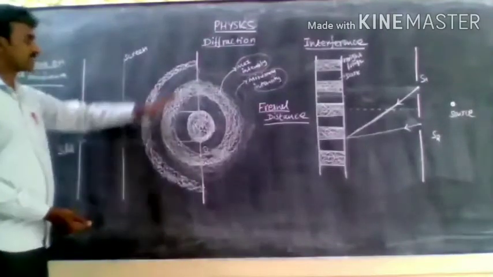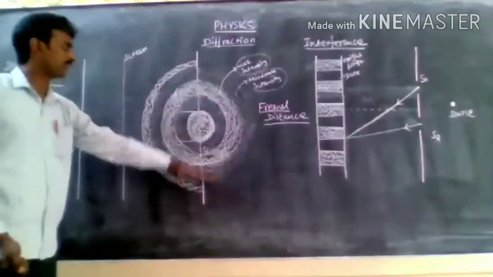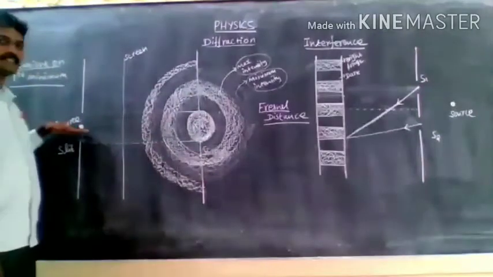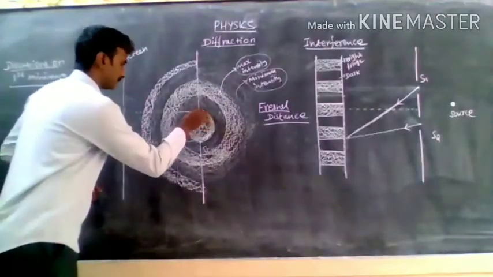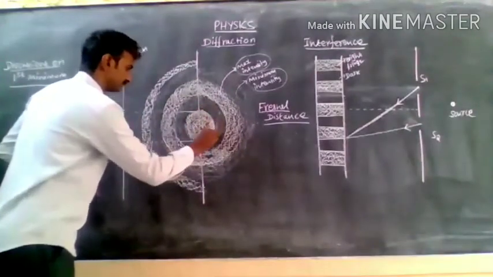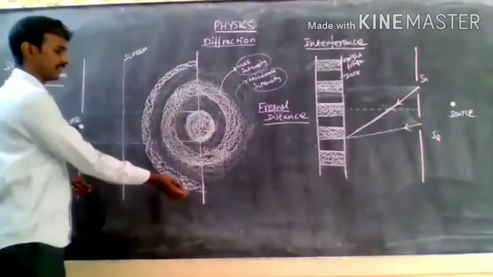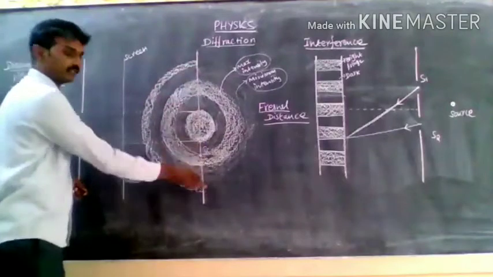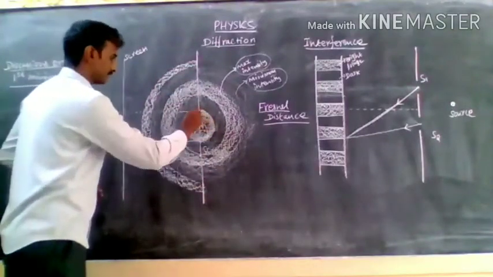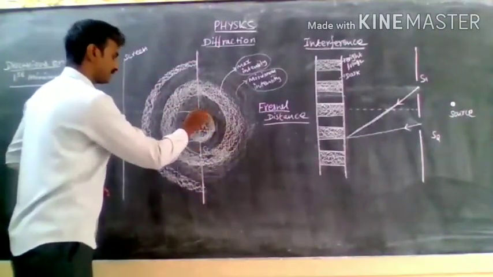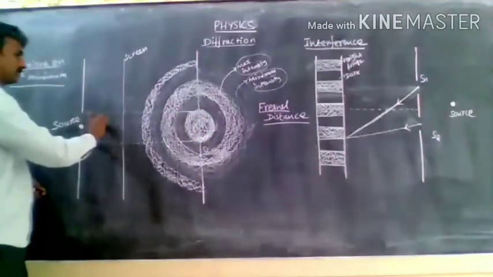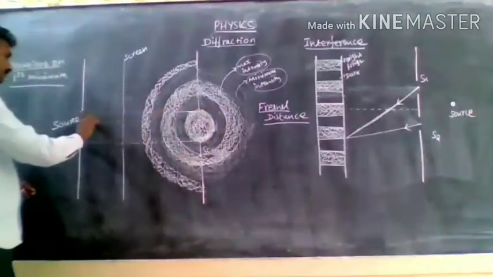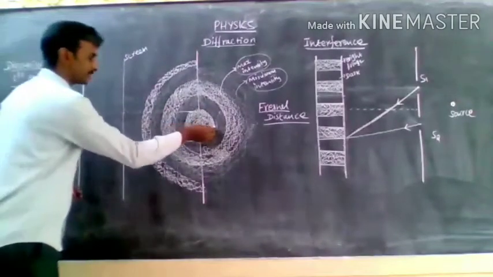So this is the diffraction pattern obtained on the screen through the single slit, in which the center is a bright point. On the screen, the light fully spreads. Due to the diffraction, the center, which is equal to the width of the slit, becomes a bright spot.